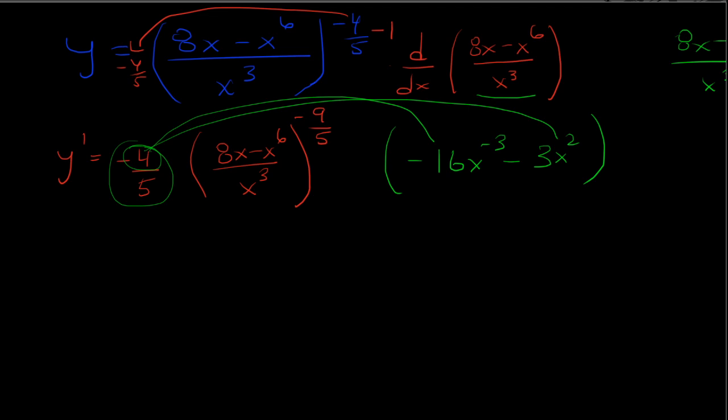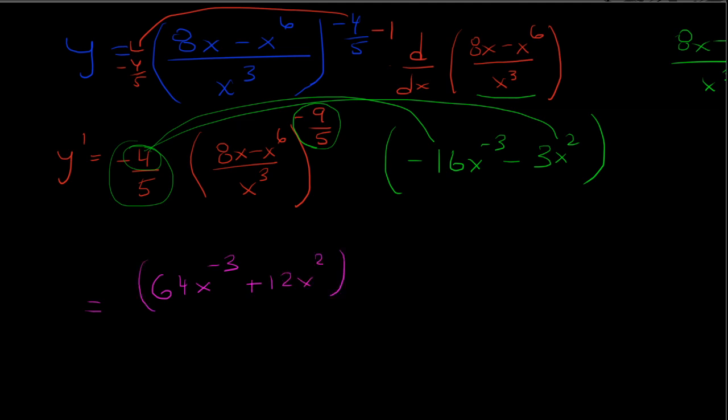And then we're going to flip the fraction so we don't have a negative anymore. Okay, so negative 4 times negative 16 is 64x to the negative third, and negative 4 times negative 3 is 12, so that's 12x squared.